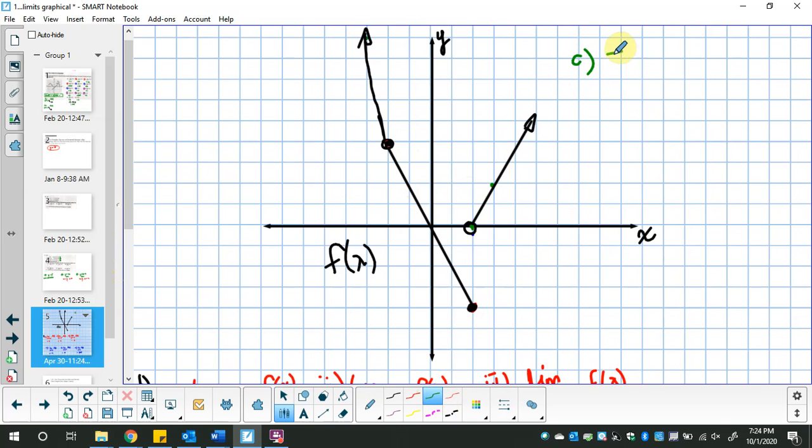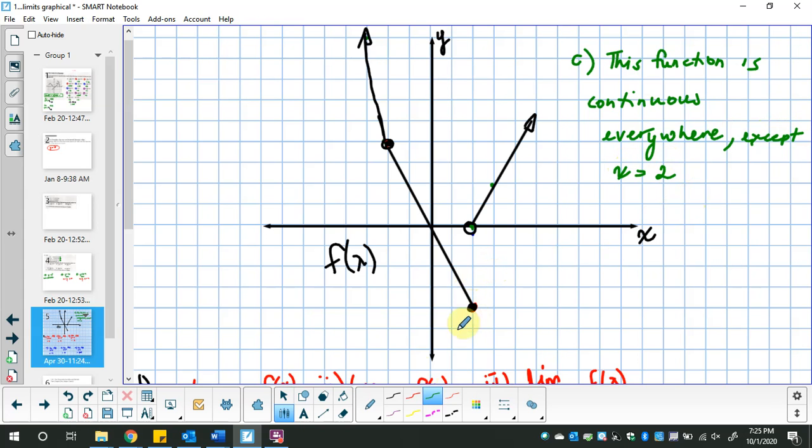So this function, and it does pass the vertical line test, is continuous everywhere. Hold on a second, I didn't say everywhere. Except x equals 2.